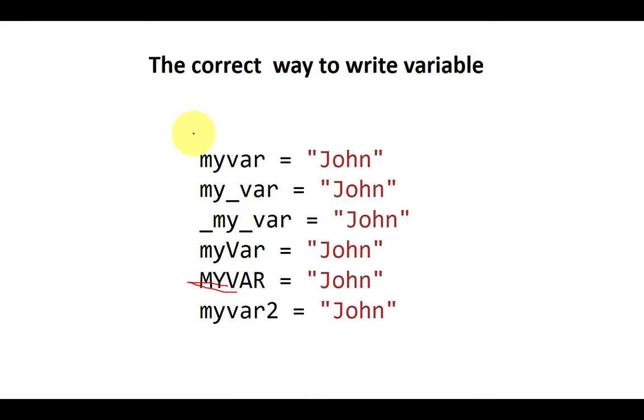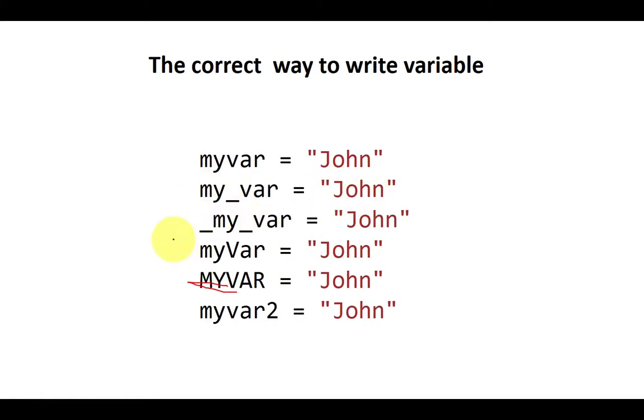Correct way to write a variable. We have myvar, joined together, no space. We started with a letter, not a number, and we're assigning the value John to it. Or you can use an underscore in between or starting it.